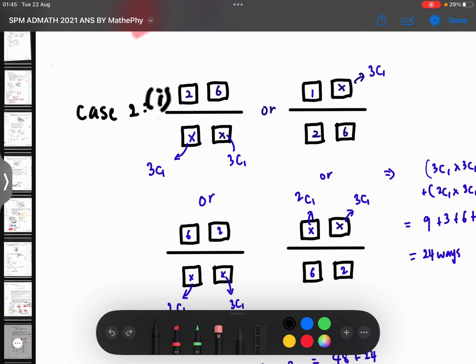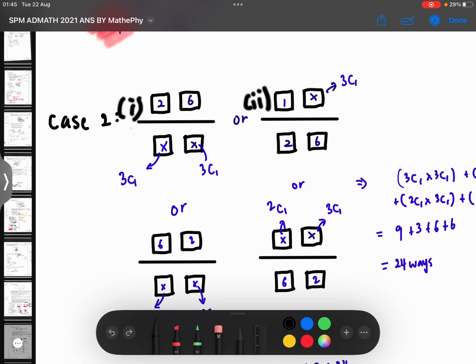For Roman 2, it is the same logic. You can put 2 6 at the bottom. Why do I set 1 over here? Because you cannot have anything greater than 2, because it will be improper. For example, 5, so this is improper. Anything 50 something, for example 51 over 26, is improper.